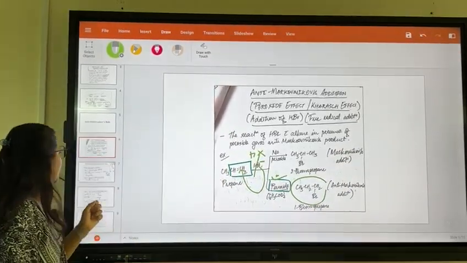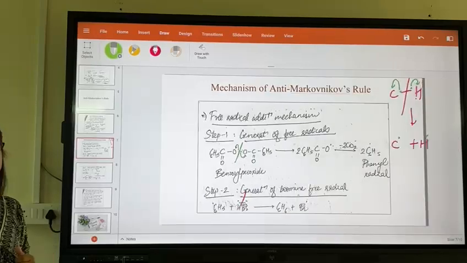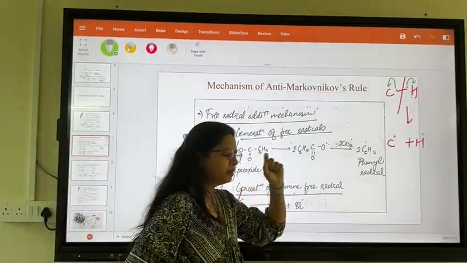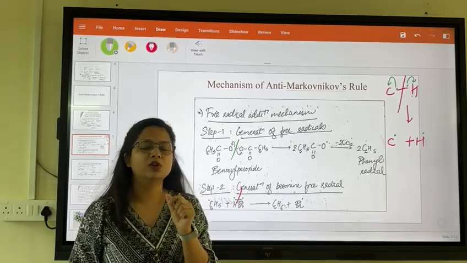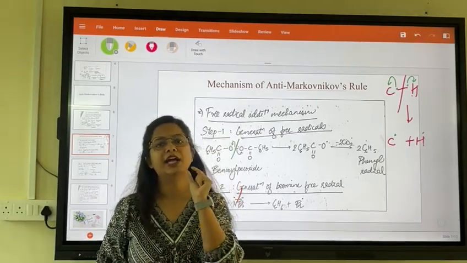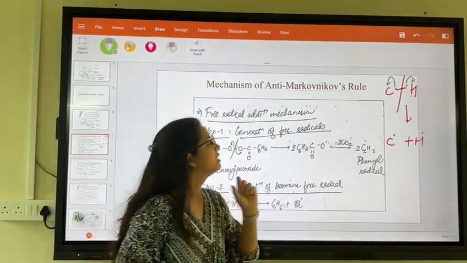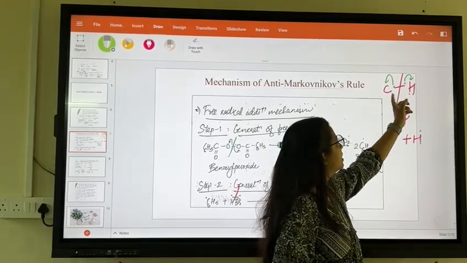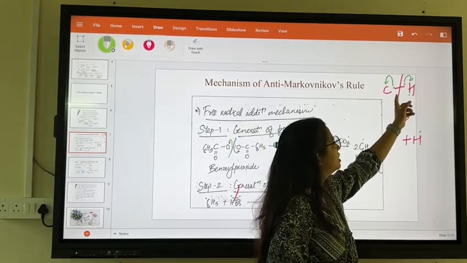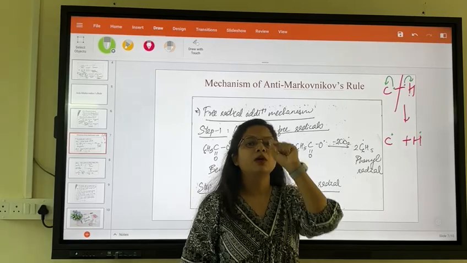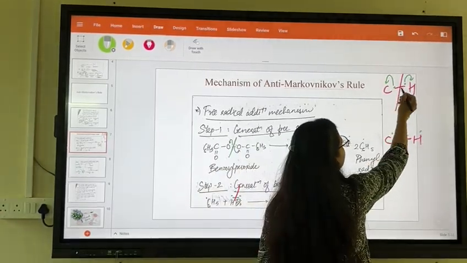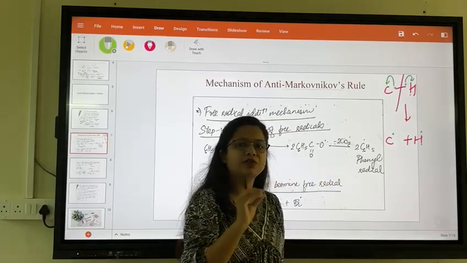Now let us understand the mechanism behind anti-Markovnikov rule. Before that, we need to understand a specific terminology which is homolytic cleavage, which means, say for example over here I have written C-H, the carbon and hydrogen bonded with each other via covalent bond. Now as we know, two electrons are responsible for formation of a single bond.